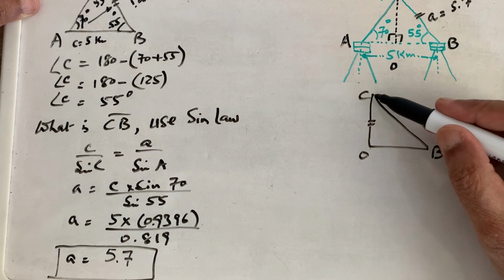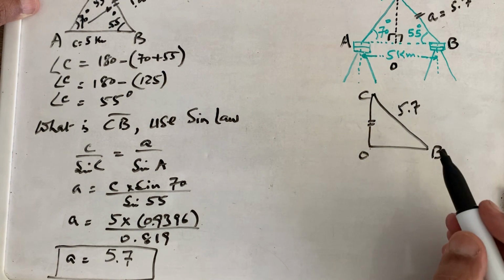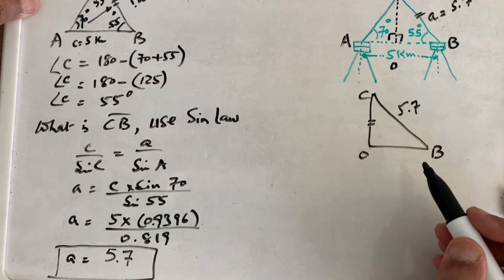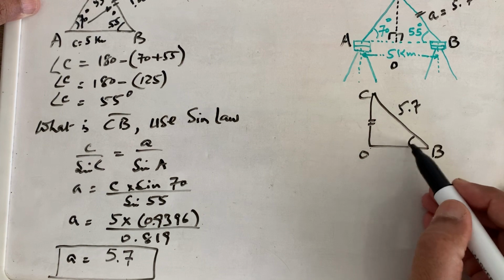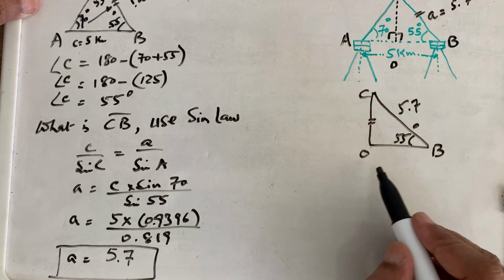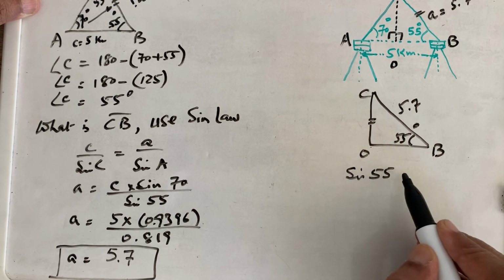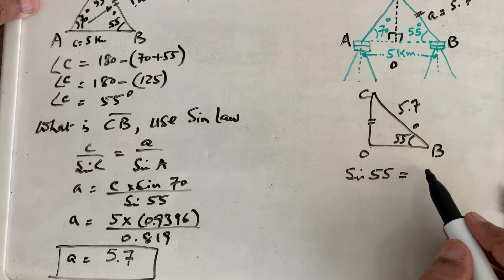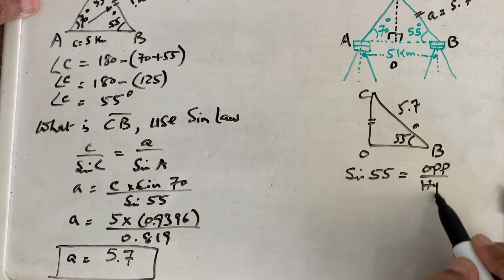So if the hypotenuse is this and a is known, 5.7, we can find out OC. OC can be found with the help of sine, because I know this angle. So I can use my sine 55 trigonometric ratio. Sine 55 will be equal to, sine is opposite over hypotenuse.